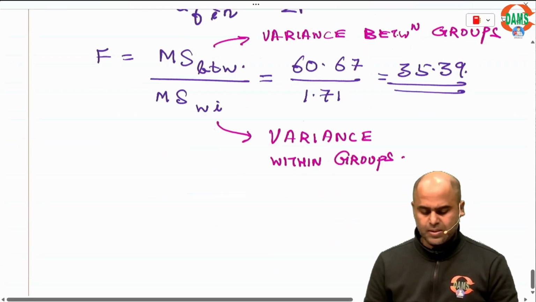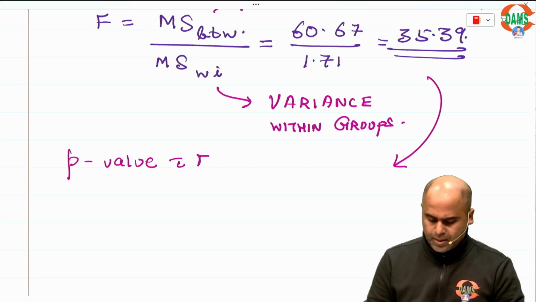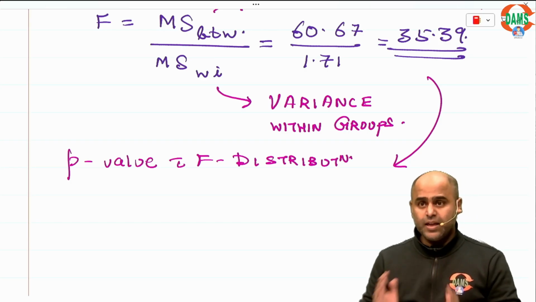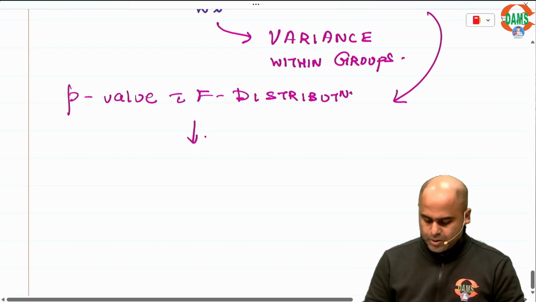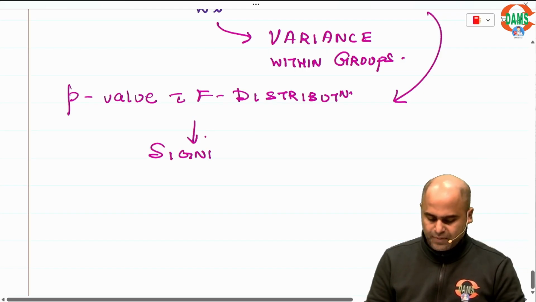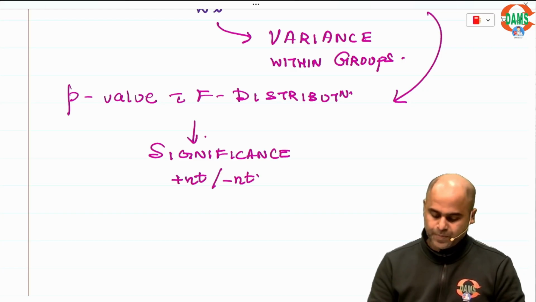After we get this F value, we calculate the P value with the F distribution. It tells you significance, present or absent.